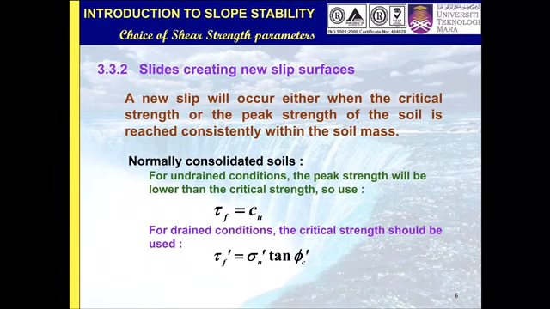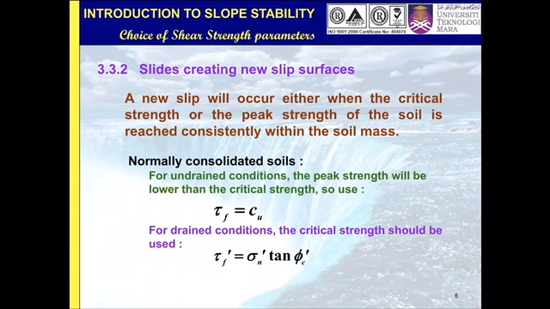Okay, next is about the slide creating new slip surfaces. As usual, for clay, we have two types, which are normally consolidated soil and over consolidated soil. For normally consolidated soil under undrained conditions, the peak strength will be lower than the critical strength, so the shear strength is equal to Cu.